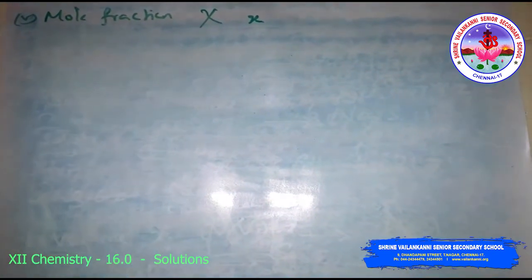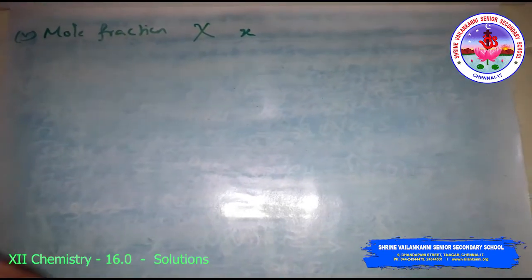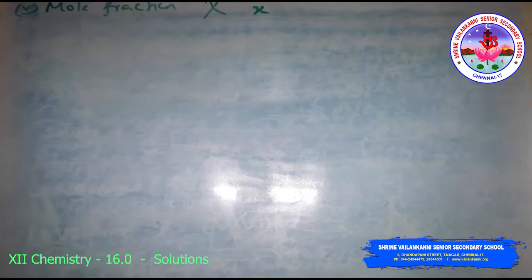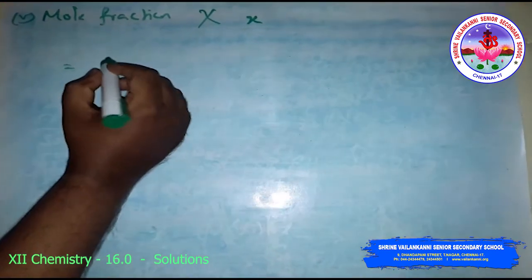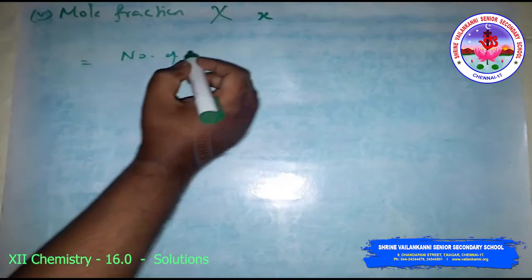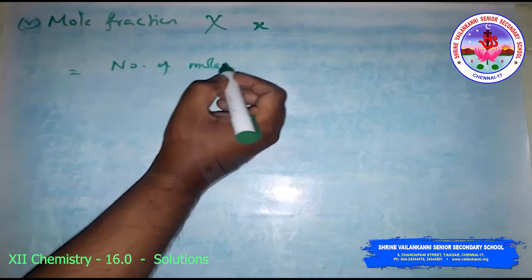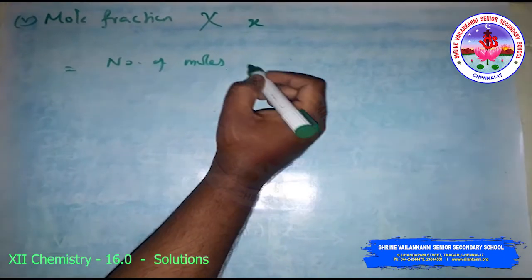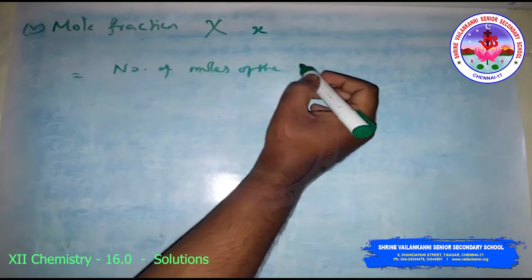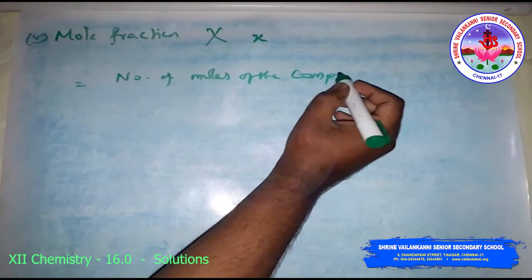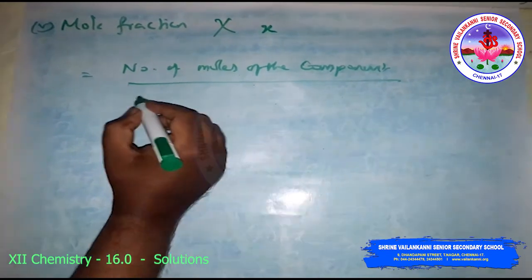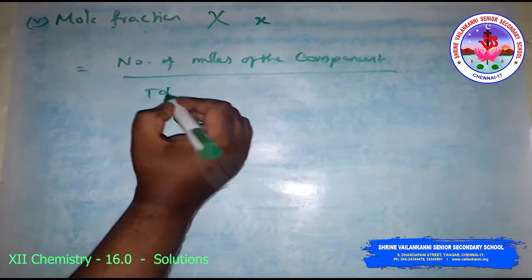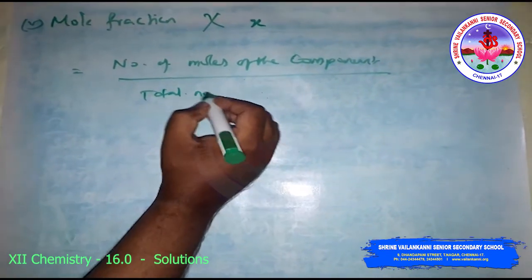The mole fraction is defined as the number of moles of the component divided by the total number of moles of all components.